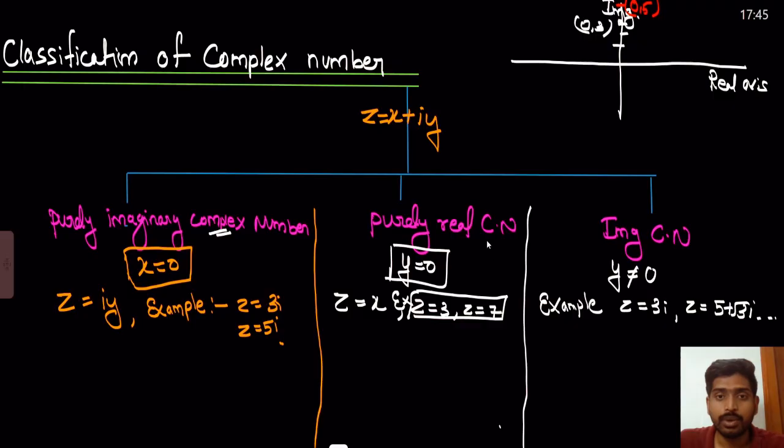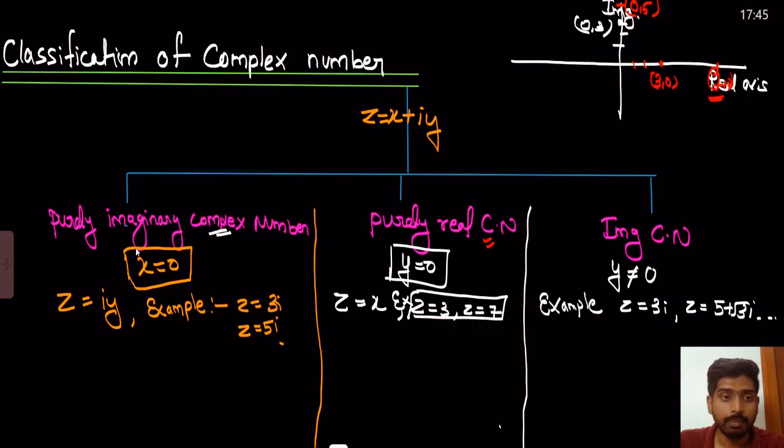If I see a purely real complex number, it will lie on the real axis. 3 will lie somewhere here, 3 comma 0. Next, 7 will lie somewhere here, 7 comma 0, on the real axis.